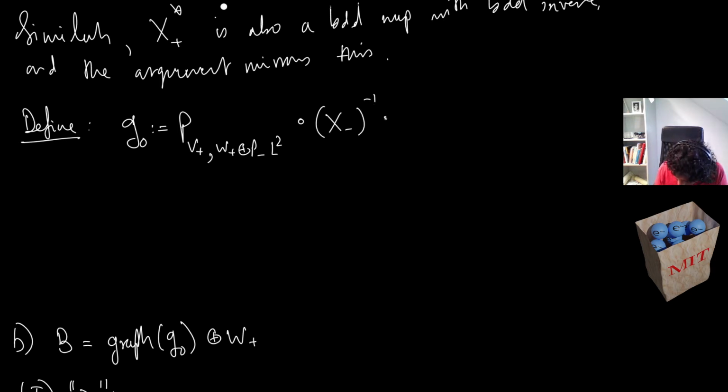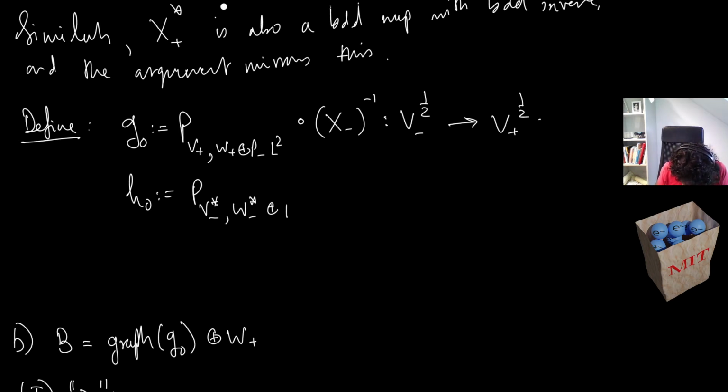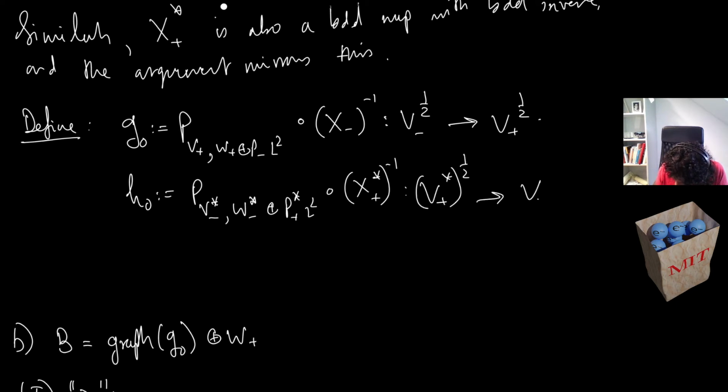Okay, and this is clearly a map now that takes us from V minus a half to V plus a half. And the map H0 we define as PV minus star W minus star plus P plus star L2, composed with the map chi plus star inverse, which now takes us from V plus star a half to V minus star a half.